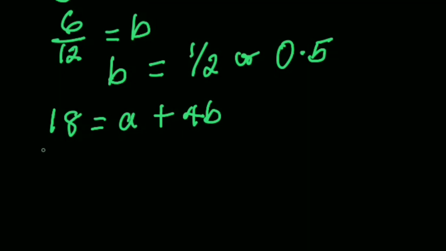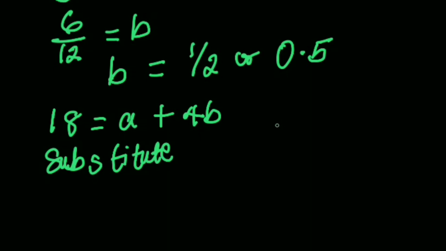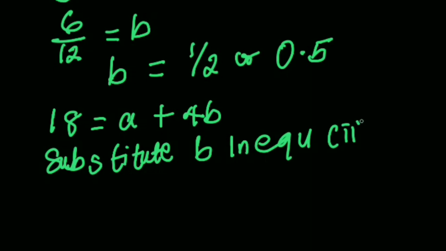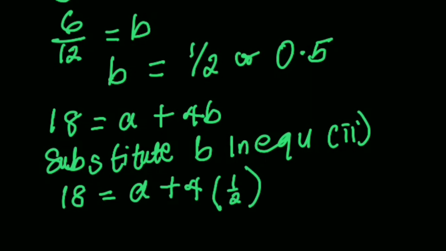So substituting B in equation 2, this is 18 equals A plus 4 times 1 over 2.